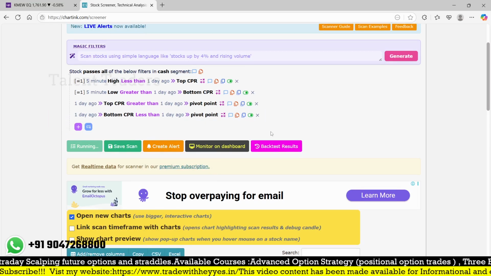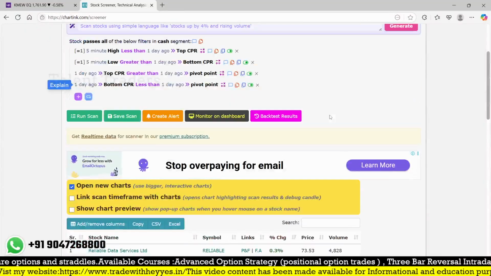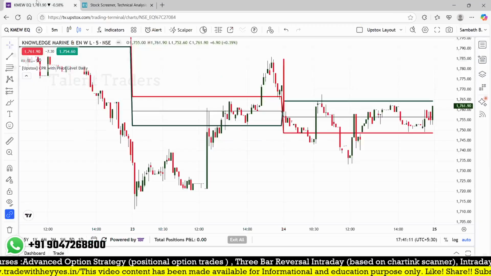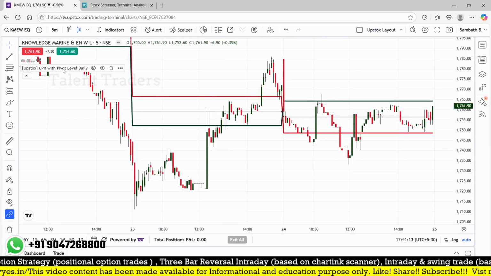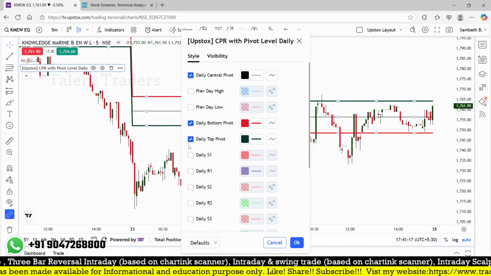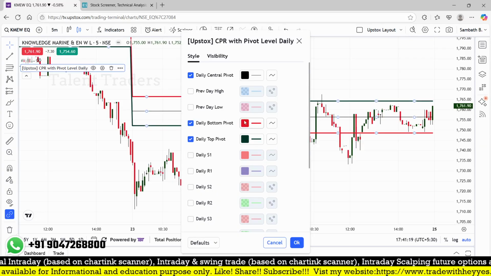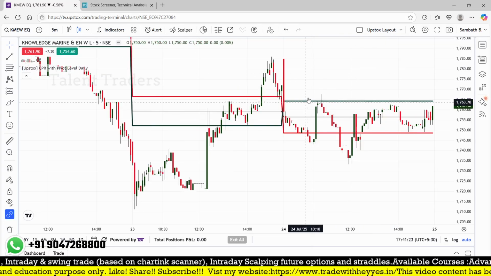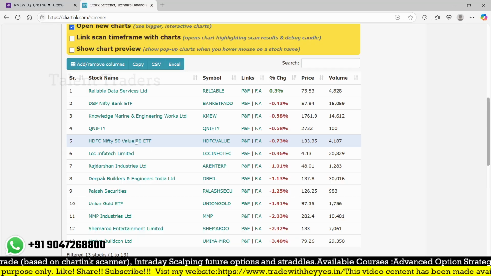So will this one fetch exactly the same number of stocks? Why? Let me check again. Oh, sorry. Daily pivot point, bottom, daily central, top. Yeah, top must always be above the level. Okay, that we have fetched.